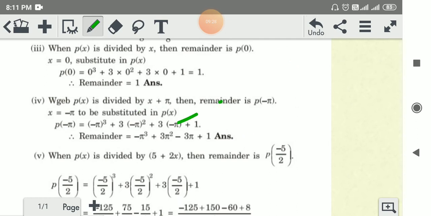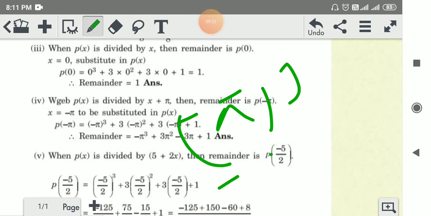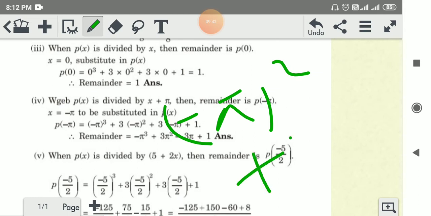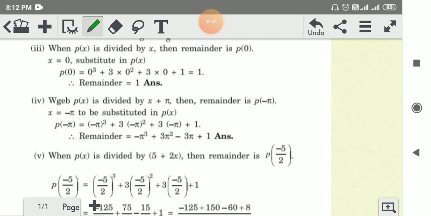And -pi cube will be -pi cube because the cube of minus is minus. And the square of -pi is equal to +pi because minus times minus is plus. Okay, so here we get these equations. This is the remainder. This is the remainder theorem.